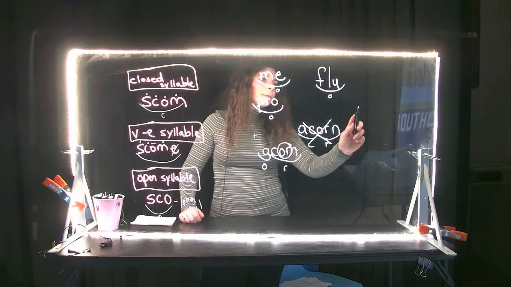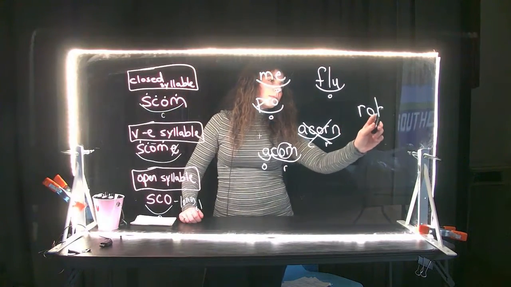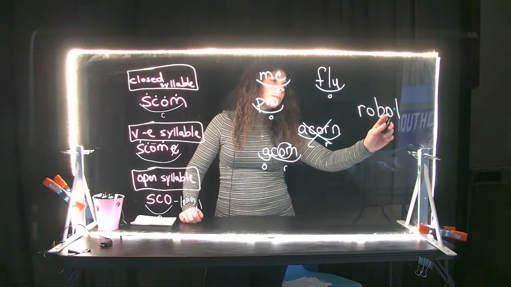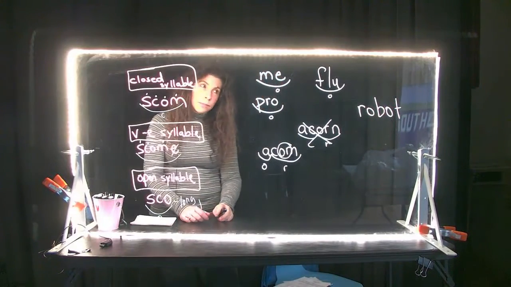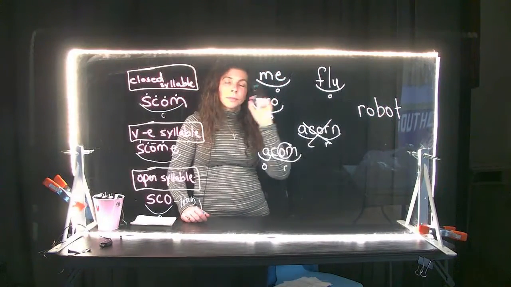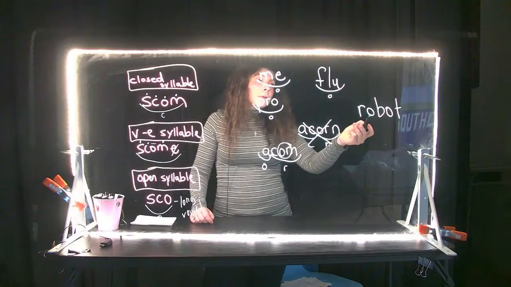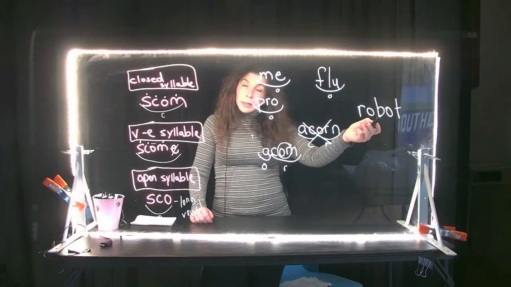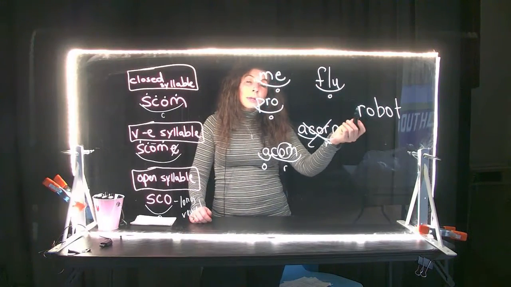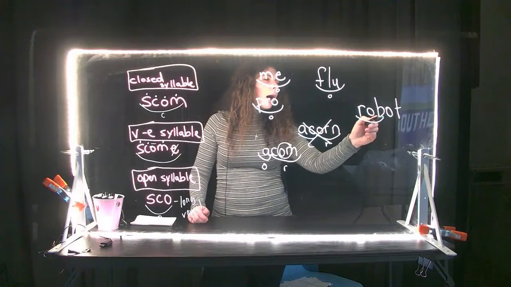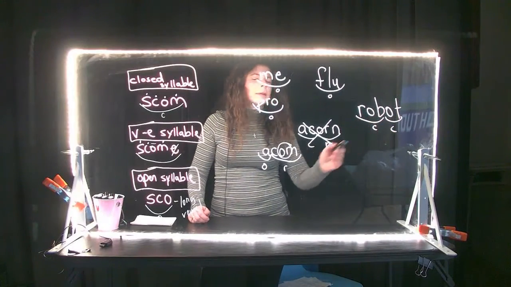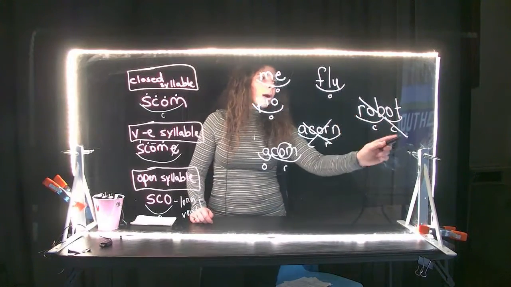How about in the word? Let's look at this word. Now, two vowels. Sometimes the consonant goes, so we close it in. Let's see if that works. Robot? Robot? I've never heard of a robot before.